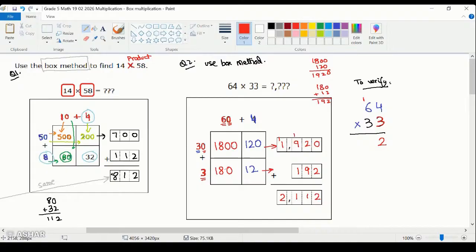Let's verify this. The next example I'll do step by step. Okay. 3 multiplied by 6 is 18. Understand? I'll explain it in detail. 3 multiplied by 6 is 18 plus 1 is 19.